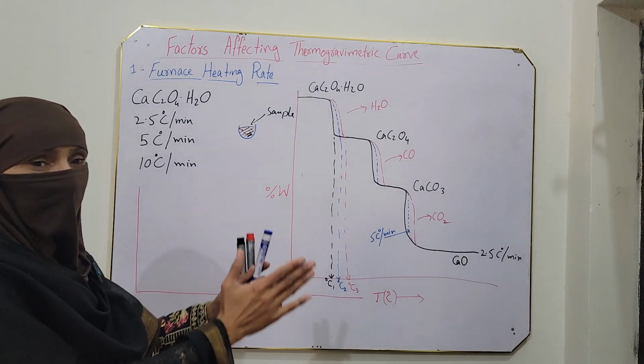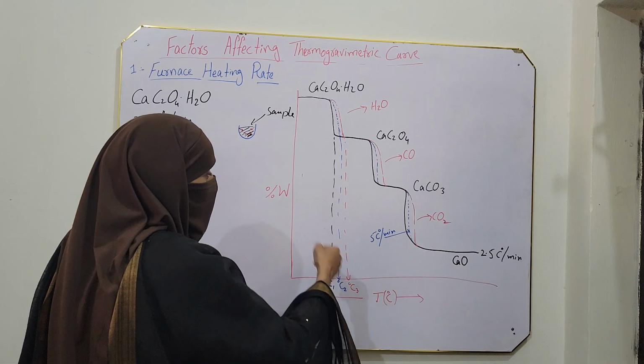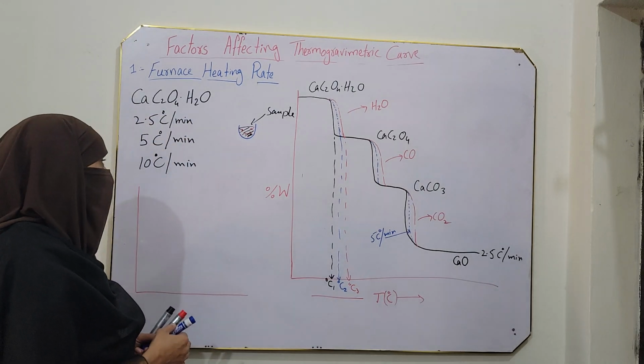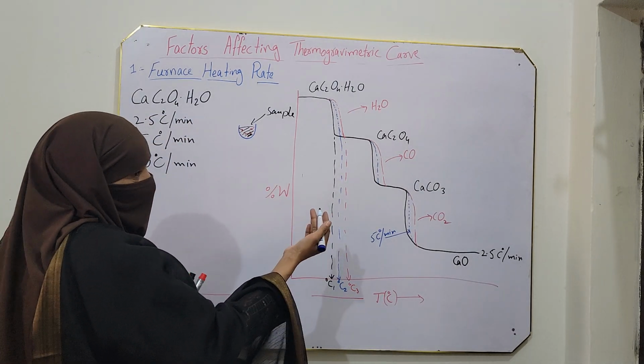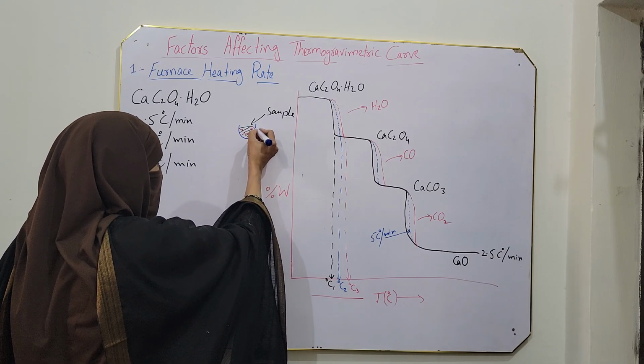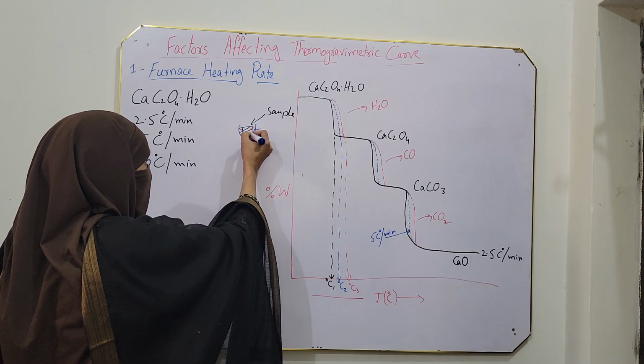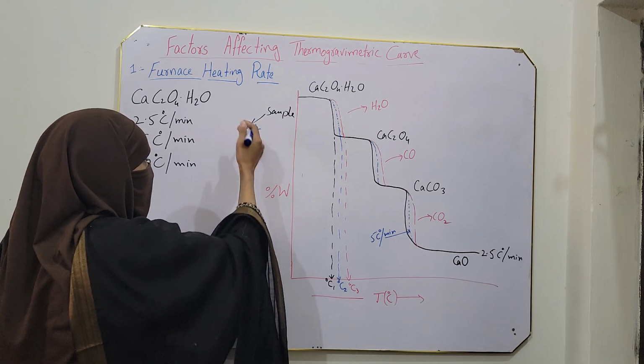But when the heating rate is increased, say 5 or 10 centigrade per minute, then due to the sudden change in heating of the sample, the outer part will feel the heat, but heat is not properly transferred to the inner part and the next temperature is achieved.